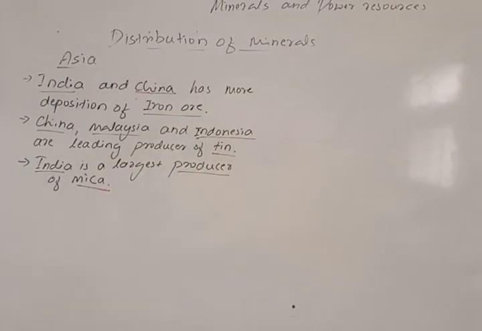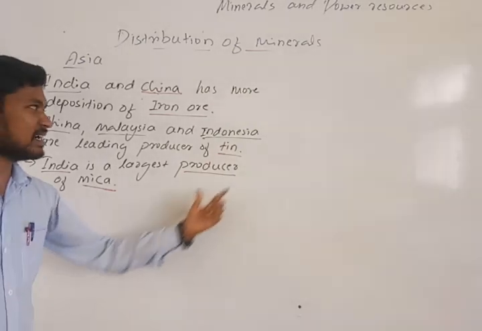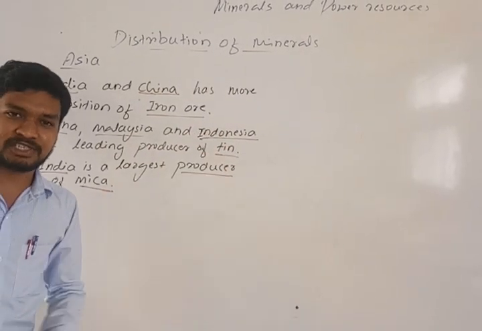India is the largest producer of mica, tin and iron ore. It has more deposition in the Asian continent.